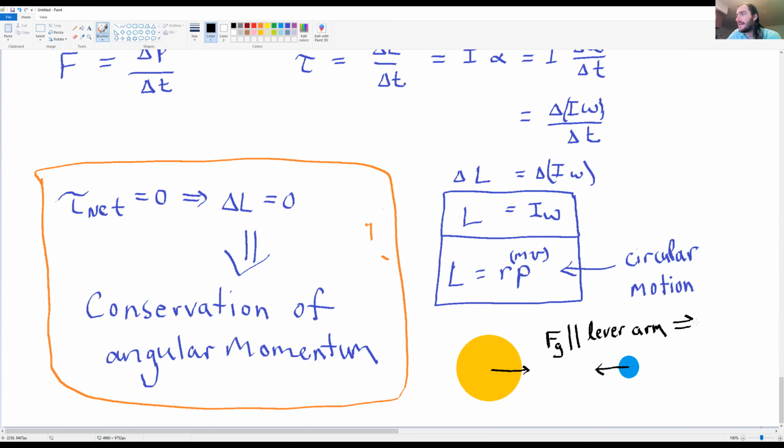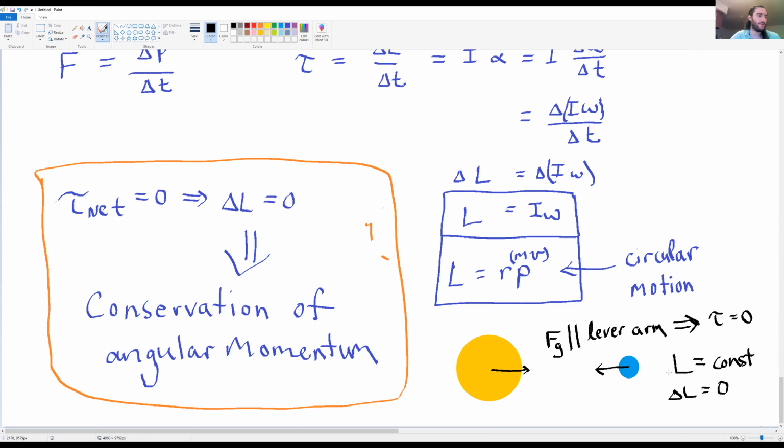That means that the net torque is 0, and therefore angular momentum is a constant. It's conserved. So delta L is 0. Okay, that's really nice. That helps out a lot in the analysis of the orbits of the planets and stuff like that.